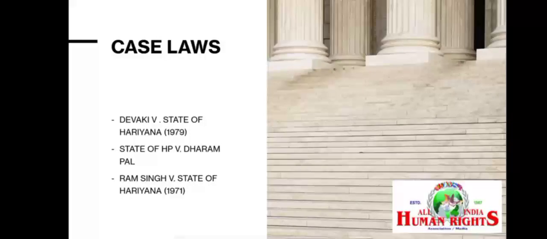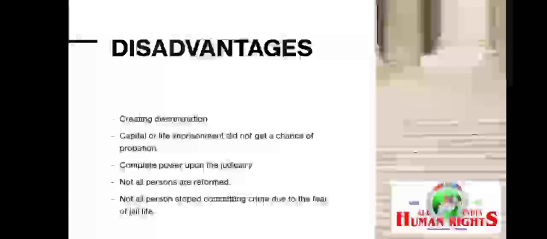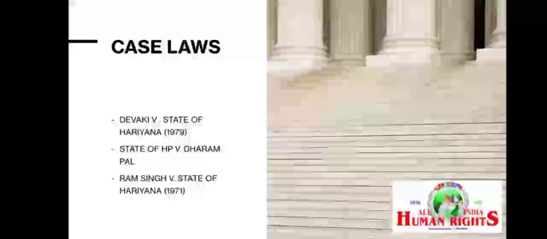Next, there are some case laws regarding probation. The first one is Devaki versus State of Haryana, 1979. In this case, a 17-year-old child was kidnapped and forced to rape. The accused asked for the benefit of probation, but the court held that there is no probation for sexual offences.